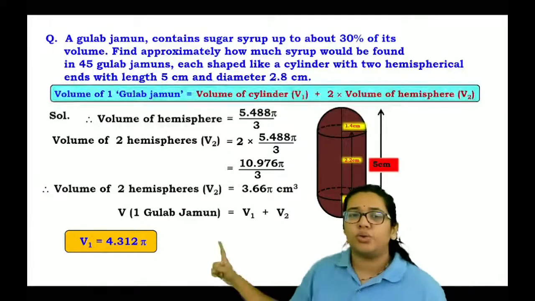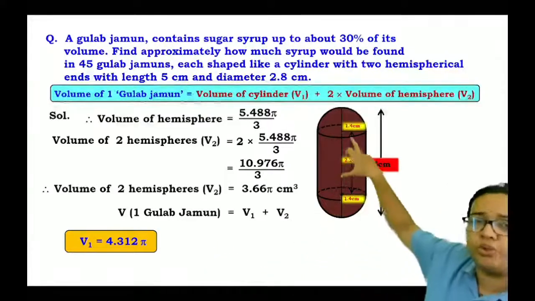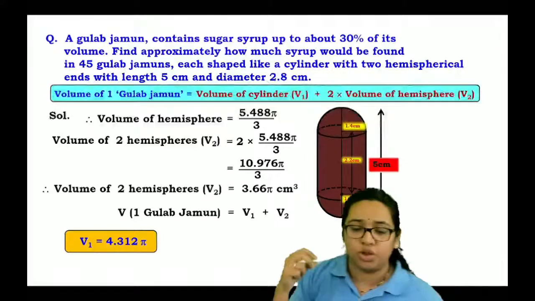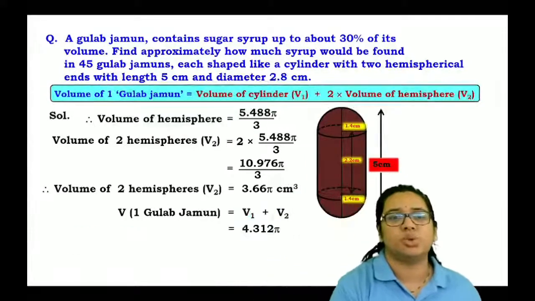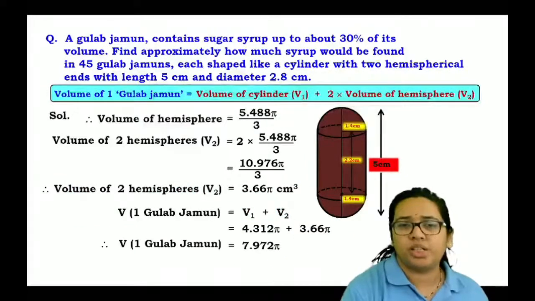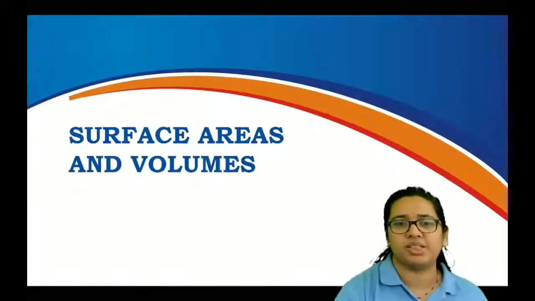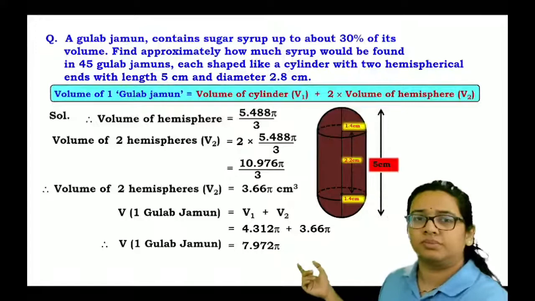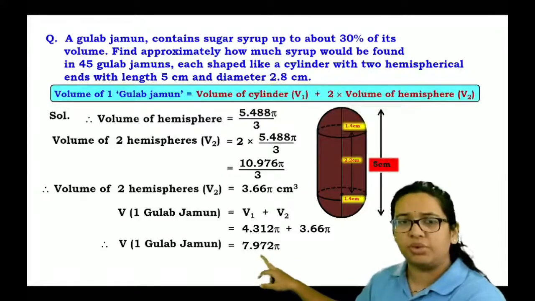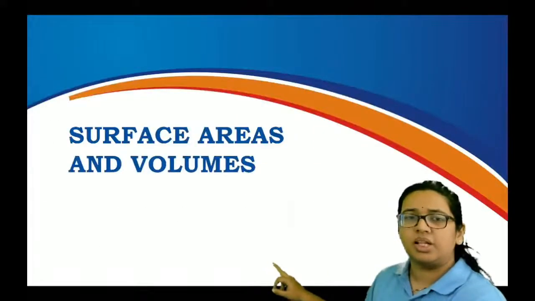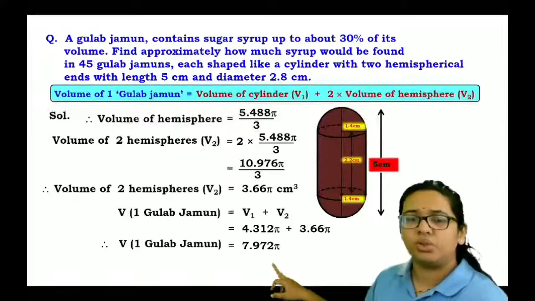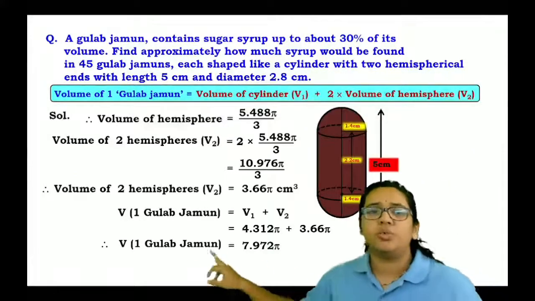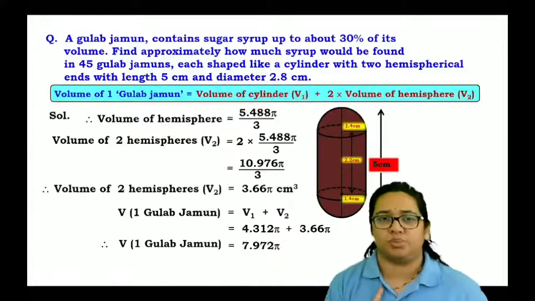Hence, volume of one gulab jamun is nothing but volume of the cylindrical part as well as volume of two hemispheres. So it will be 4.312 pi plus 3.66 pi. Therefore, 7.972 times pi will be the volume of one gulab jamun.